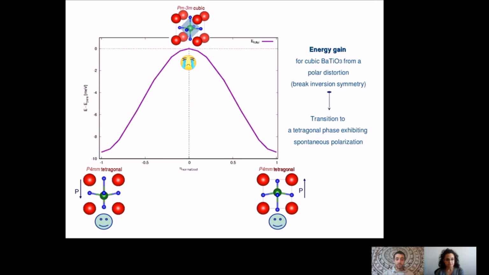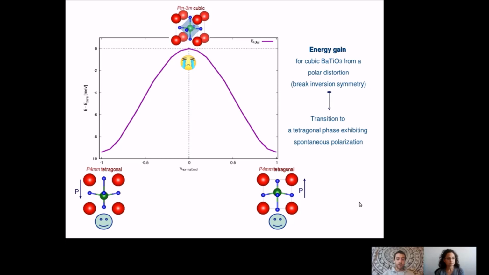And indeed, as you can see from the picture, the total energy of the barium titanate primitive cell along the distortion forms a double well shape, which is typical of a ferroelectric transition.